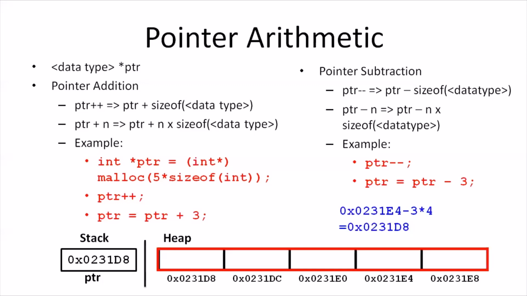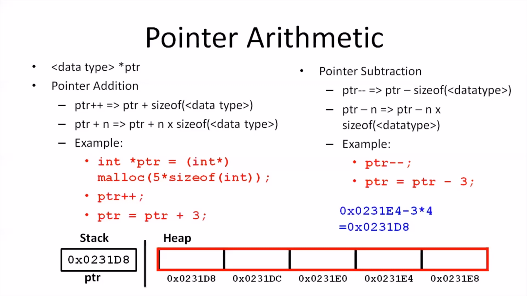Thus, the value gets changed from 0x0231E4 to 0x0231D8. Note that every increment of the pointer variable by 1 is actually making it refer to the next cell in the array. Similarly, decrementing the pointer variable by 1 makes it point to the previous cell in the array.